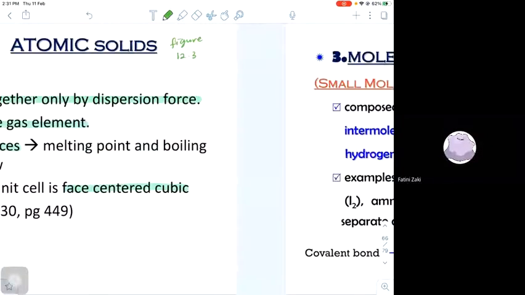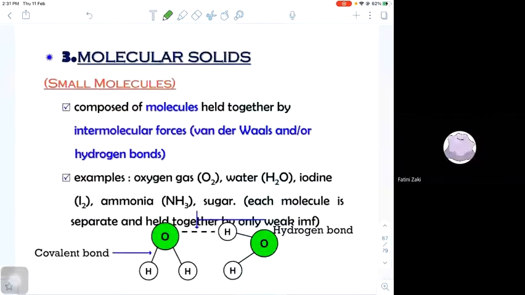The next type, or the third type of the crystalline solid, is a molecular solid. It can be for small molecules or large molecules. And the molecules are held together by the intermolecular forces. The intermolecular forces depend on the molecules.